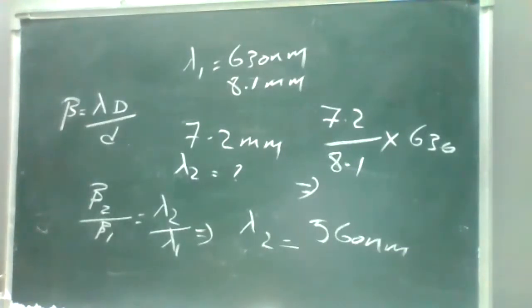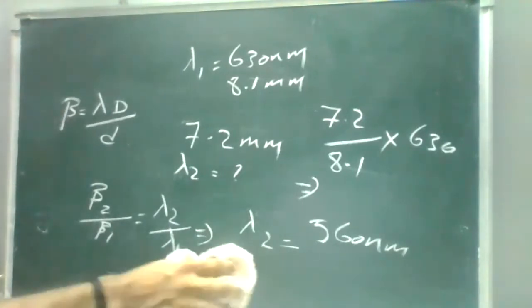Next question. In Young's double slit, light of wavelength 6 into 10 power minus 7 meters.